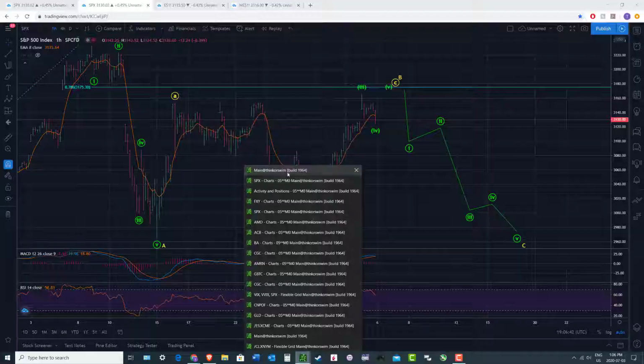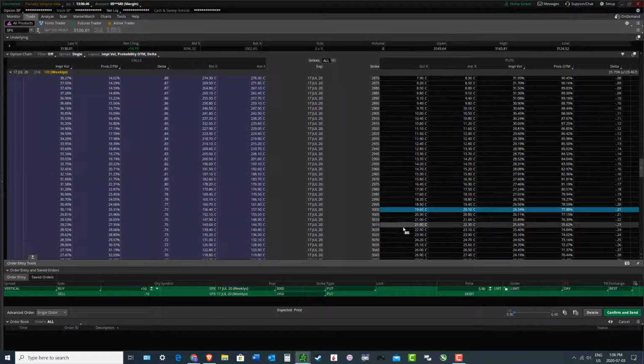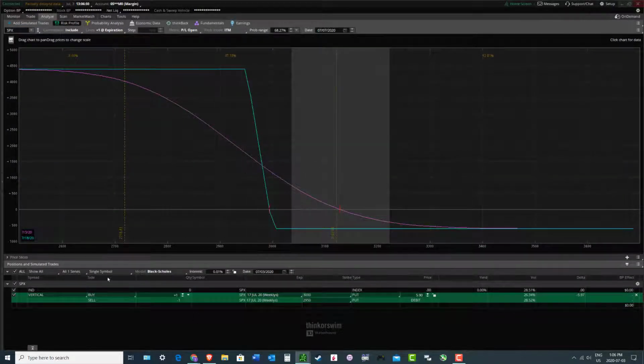Okay, now back to this chart. I think I've shown you what I want to show you here on the option chain and the risk profile of this proposed put debit spread trade. And again, just to reiterate, expiration date 17th of July. Those are the weeklies.